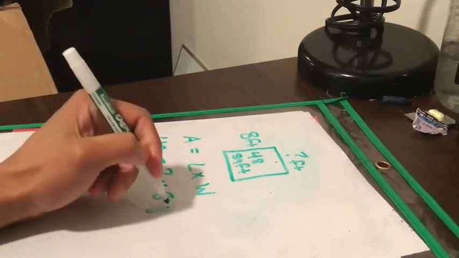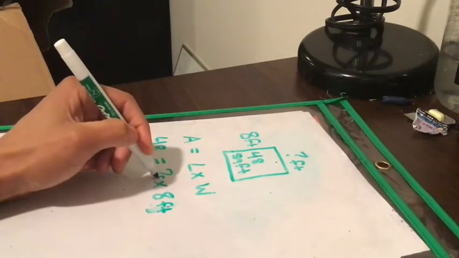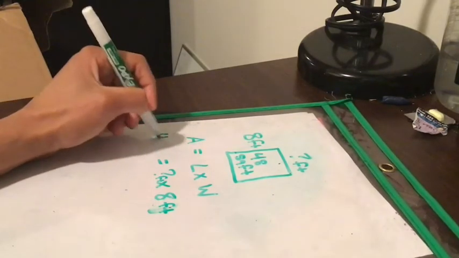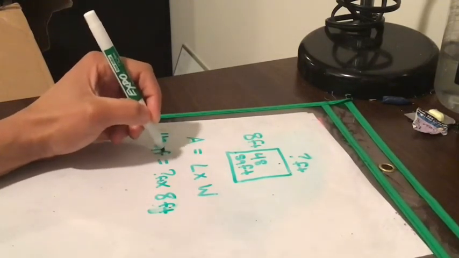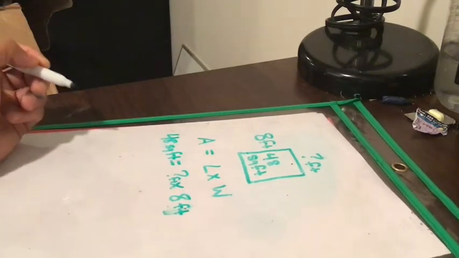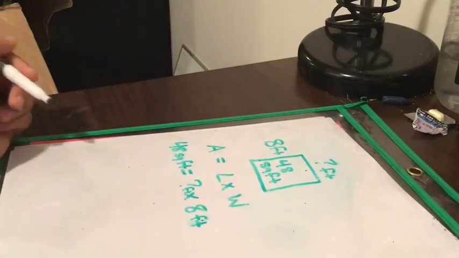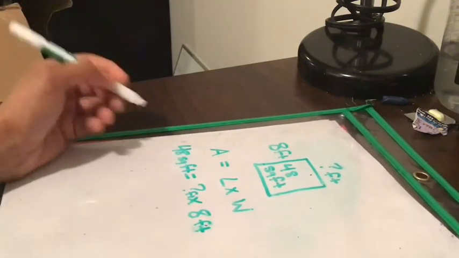Sorry, make sure I put the units. That's always important. Feet. 48 square feet. And so now that I have my units attached, I can keep going.